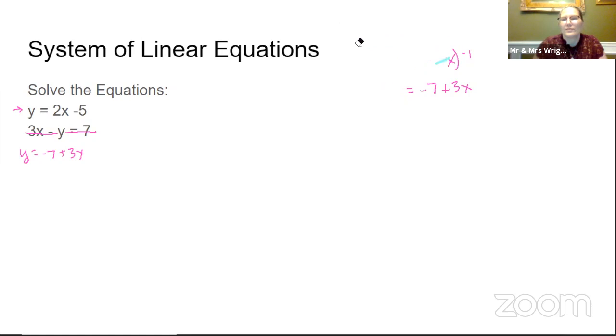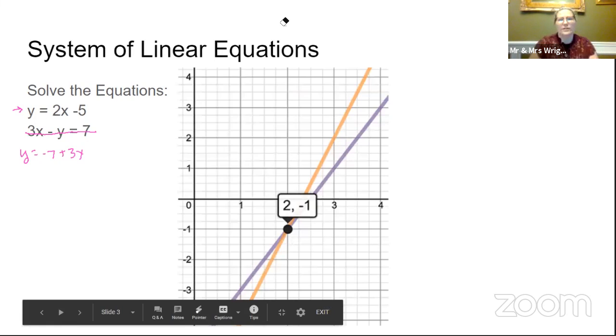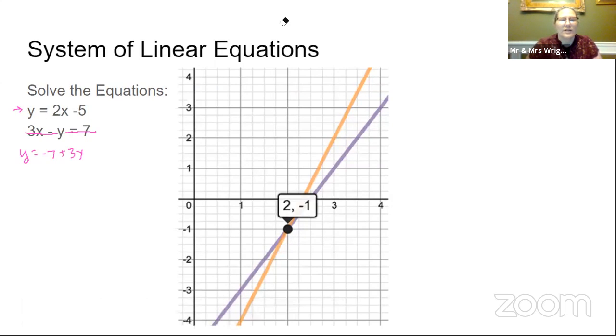All right. So now let's look at these graphed. I actually have them here on the graph for us, and it shows us in the graph, if we look, this is point 2, horizontal movement from the point of origin is 2. So the first number in the ordered pair is 2, and then it is down 1 for the vertical movement to get to the point where they intersect.